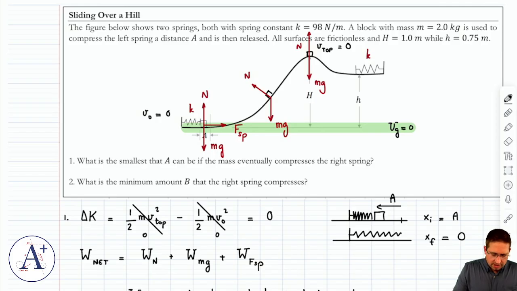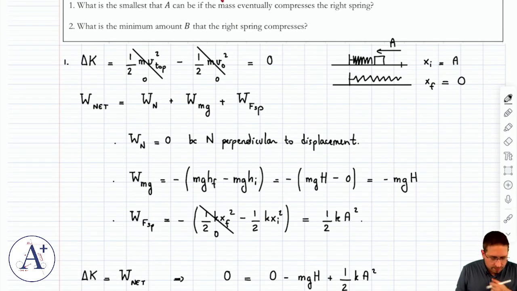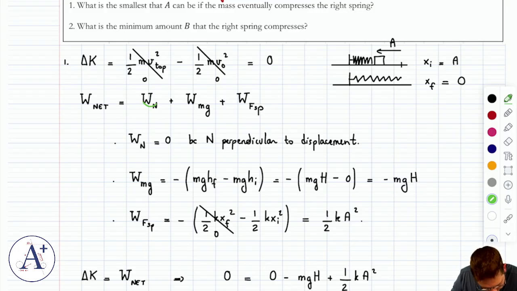But before that, I said that I wanted to convince you that you could do this with conservation of energy. Now, in general, I would still draw the forces. And maybe I would make it all the way to here, and then I'd say, okay, well, if you look at what you have, this right here is the work of non-conservative forces. The only non-conservative force acting on this mass is the normal, and that's fine.